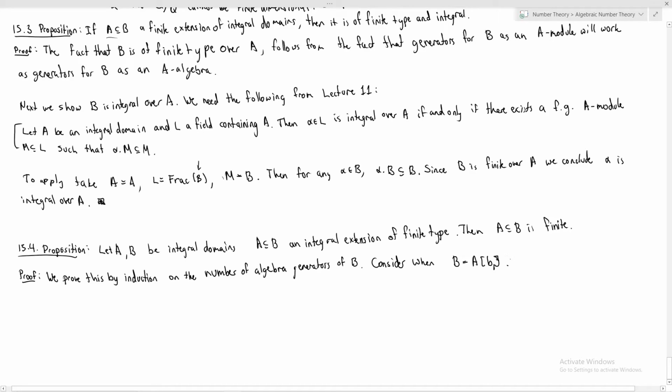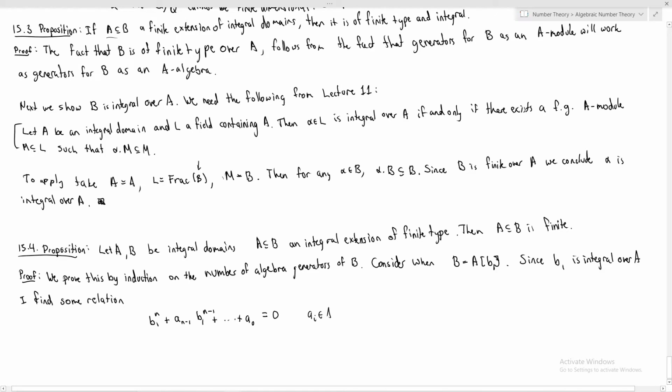Okay. So since B1 is integral over A, I can find some polynomial with coefficients in A that has B1 as a root. Some relation B1 to the n plus A sub n minus 1, B1 to the n minus 1, plus and so on, plus A naught equals 0.